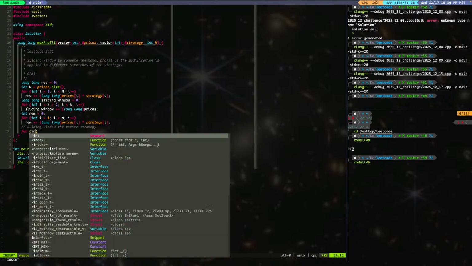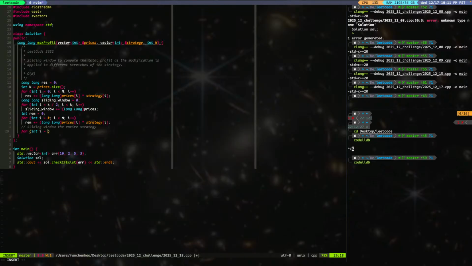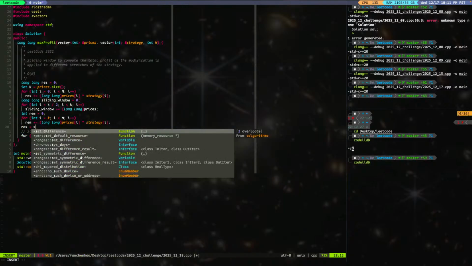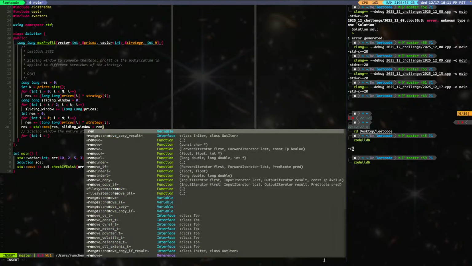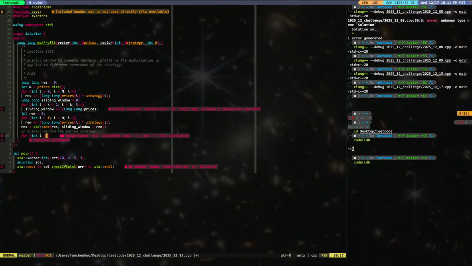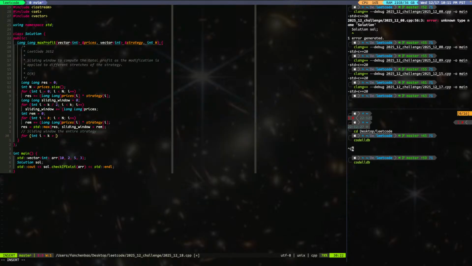So for int i equal to, and we shall say rest shall equal to std maximum of rest, sliding window plus remaining. Okay, that's a start. So here we're going to start from k plus 1.